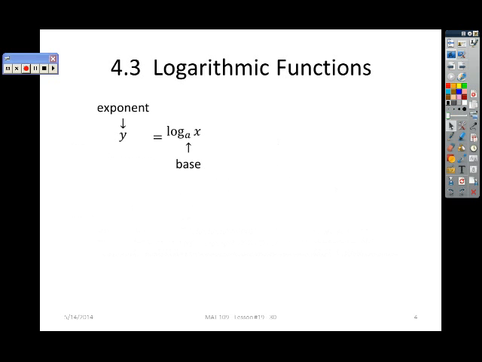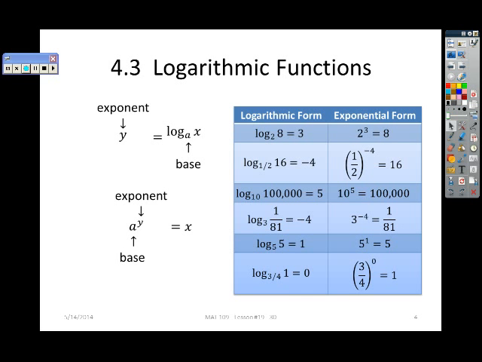So this is an exponent, this is a base. If you look at it this way, this is the base, this is the exponent. x is the number we're getting that logarithm of. Or x is the number we will get if we raise that base to that power.